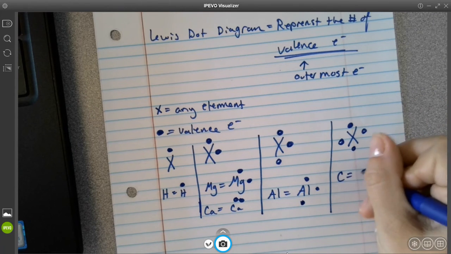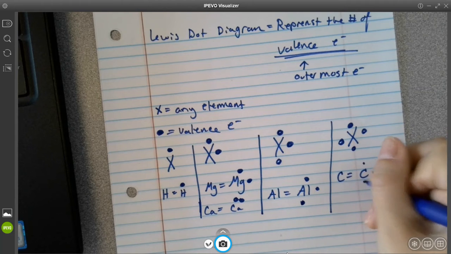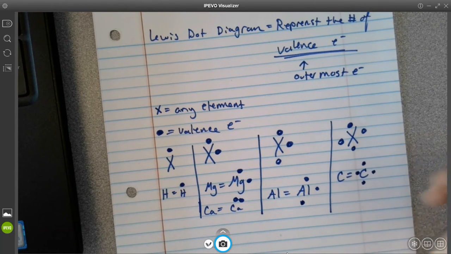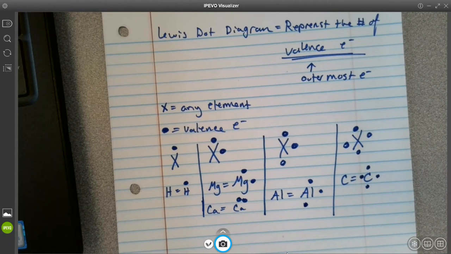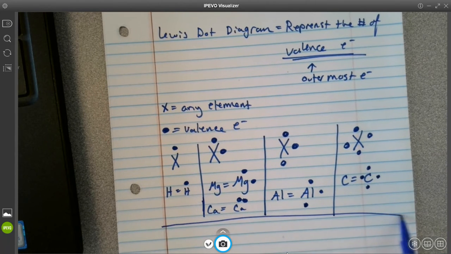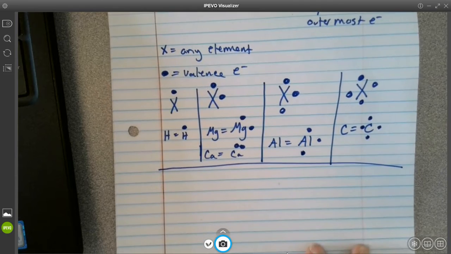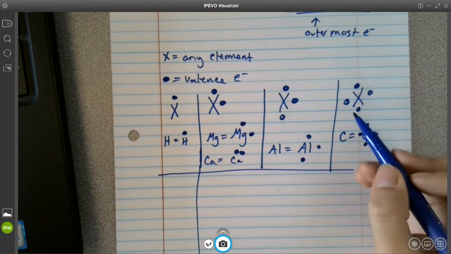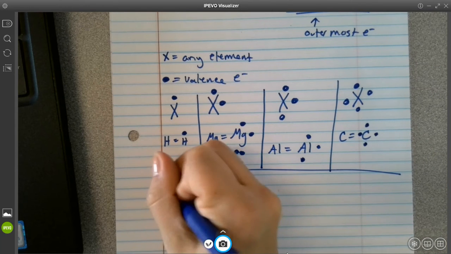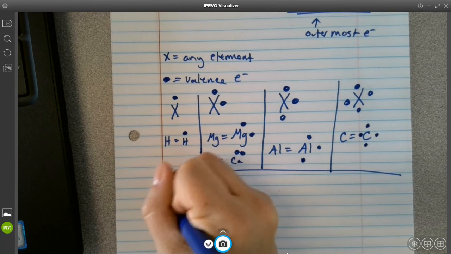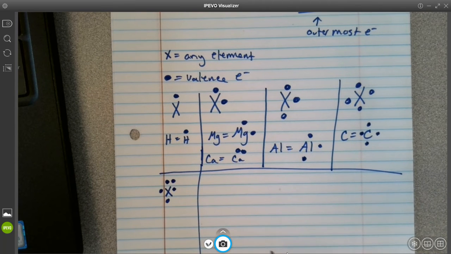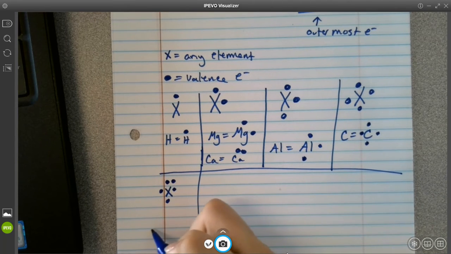So if we're looking at carbon, make this a little bit bigger there. We're going to continue down. That was family 14, so there was 4 valence. So right here would be 5. 1, 2, 3, 4, 5. This would be family 15, so nitrogen is a good example here.